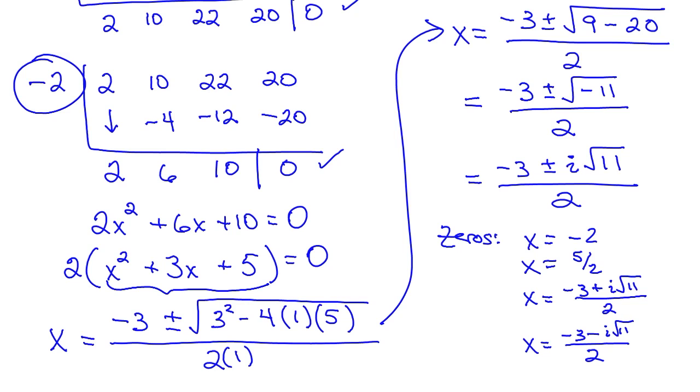Notice if I try to categorize these based on the Descartes chart, the -2 one is negative, the 5/2 one is positive, and these two at the bottom are imaginaries. With that information, we can return to the Descartes chart. Let me scroll up here.